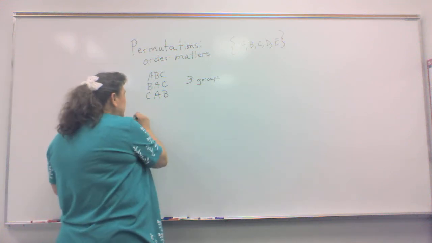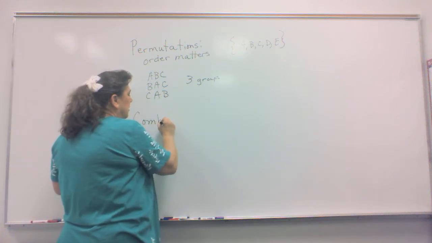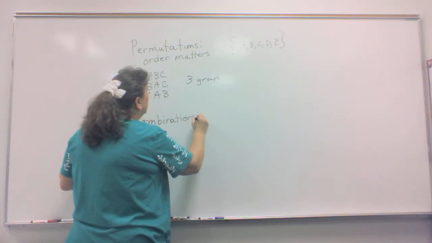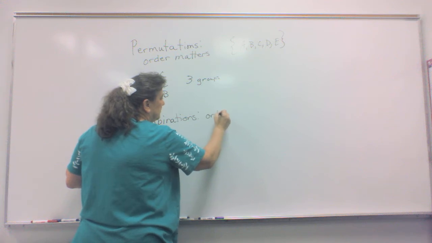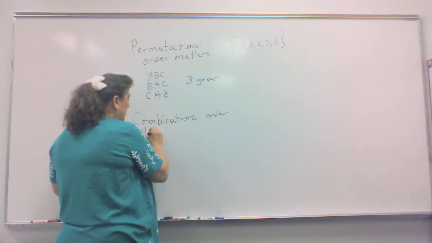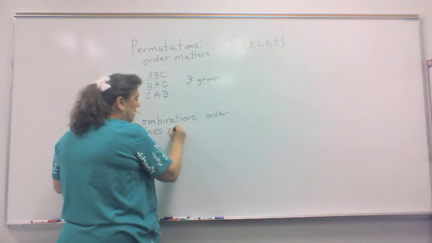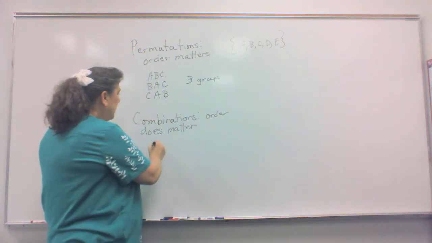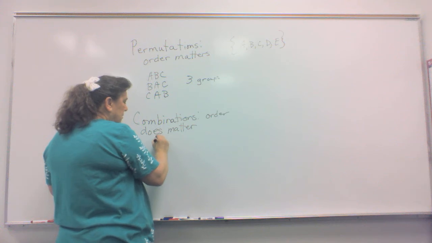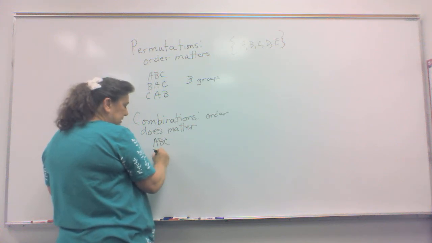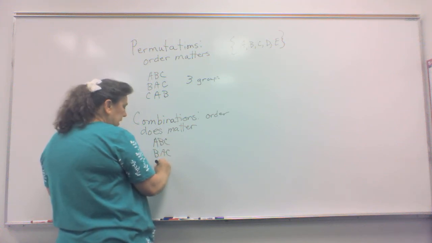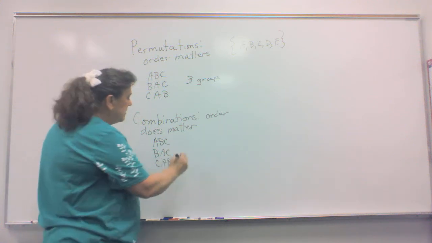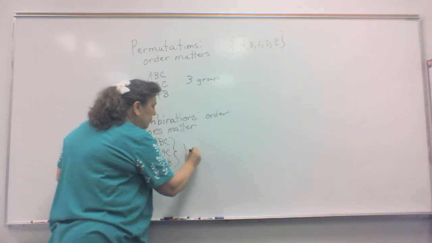Whereas combinations, on the other hand, the order does not matter. So what does that mean? That means with combinations, for example, ABC and BAC and CAB, which up here are 3 different groups, this is all one group.